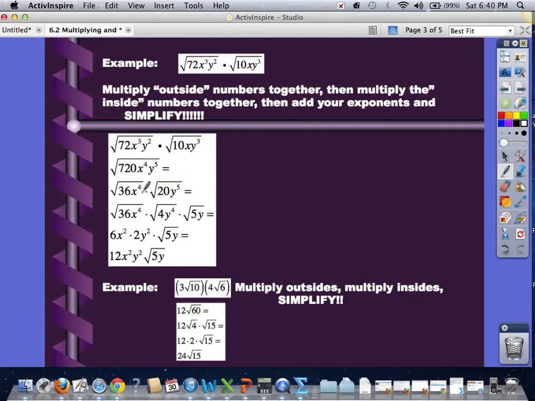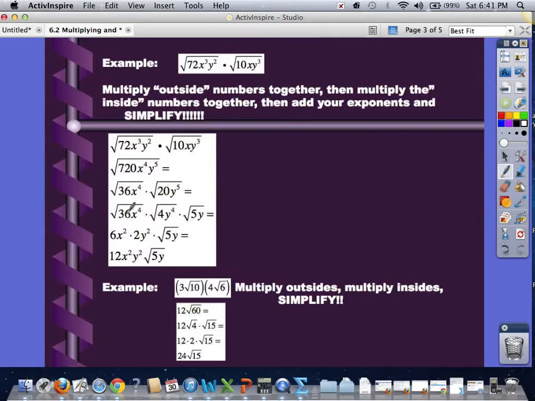I grouped my other perfect square with that so that it was easier to see what would be left over. So I put my x to the 4th right here because both of these are perfect squares. And then my leftover stuff, 20, and then the y to the 5th, because it's not exactly a perfect square, I put those together. So that way I can work with those in a minute.